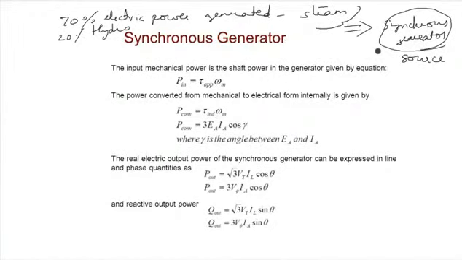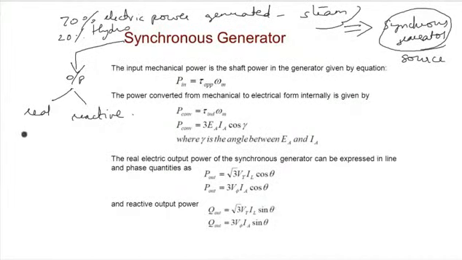So when it is the electrical source, then you should know what outputs are coming from these generators. There are two kinds of power that you need to know: one is real power and another is reactive power. Why do we split the power into two, real and reactive?